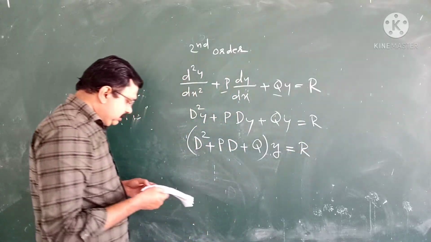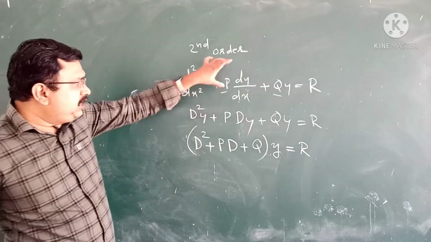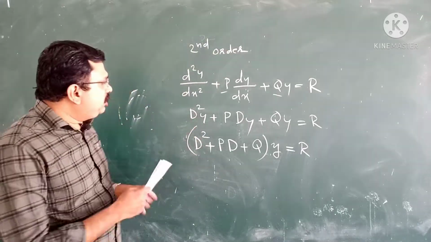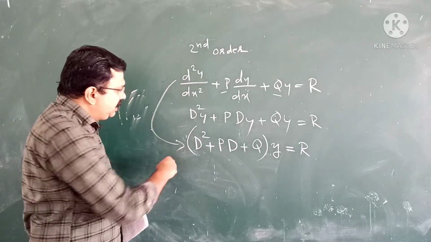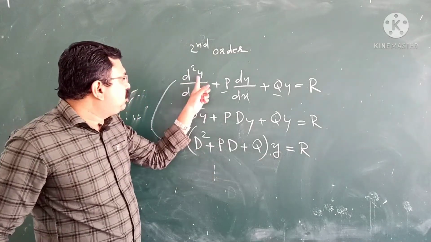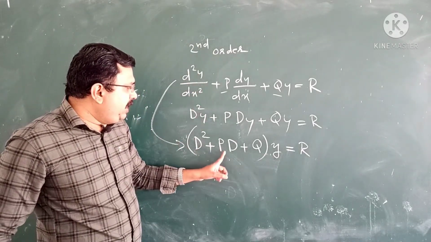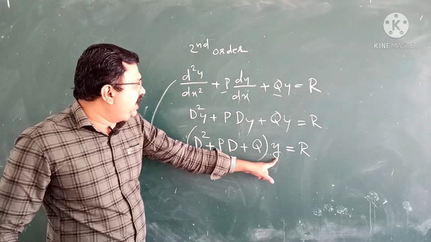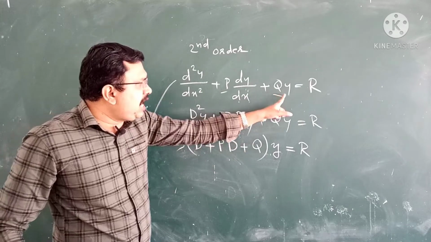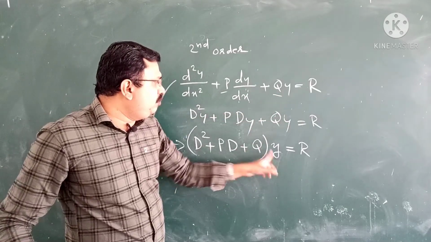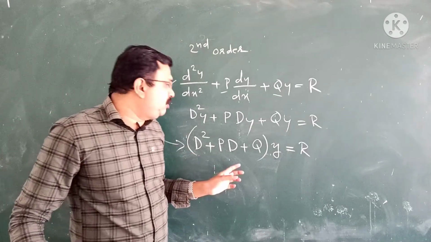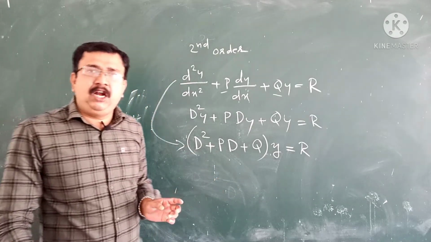Remember that this is represented using the operator D. D²y means d²y/dx², pDy means p dy/dx, and the last one is qy. Therefore, this equation can be written in this form using our differential operator.